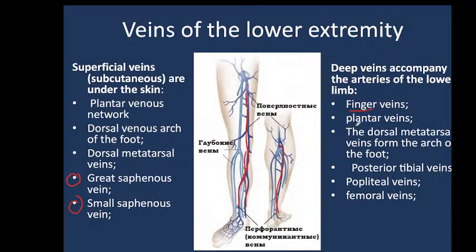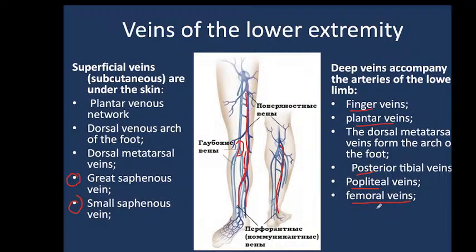Then they form plantar veins, then metatarsal veins and tibial veins, forming also popliteal veins located on the posterior side of the knee joint, and transform later into the femoral vein, the largest deep vein of the lower extremities.